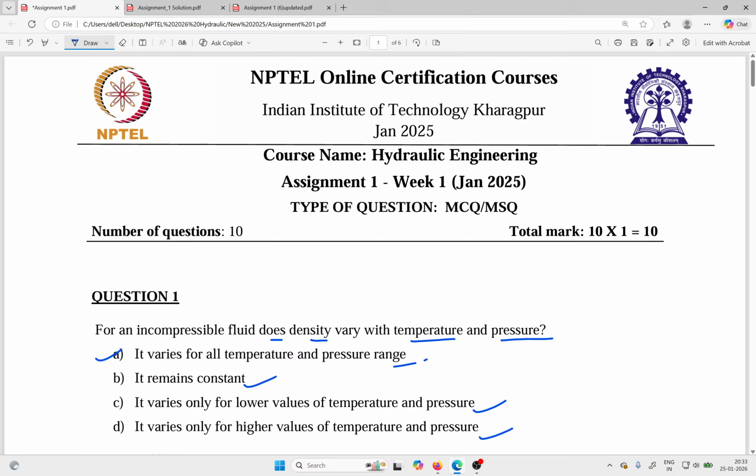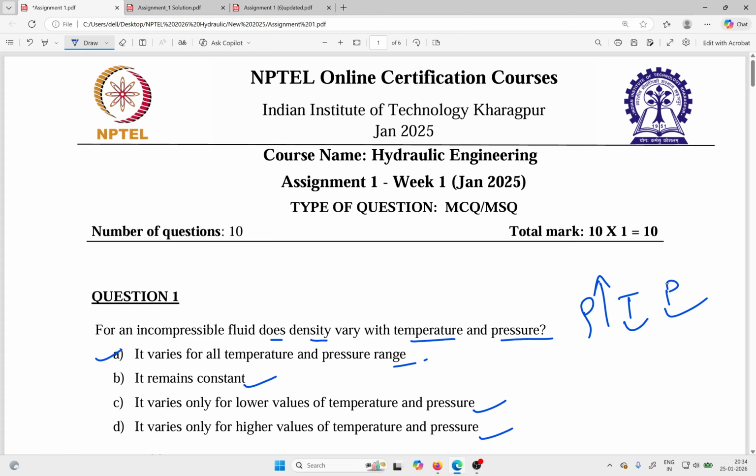So now let us discuss question number one. For an incompressible fluid, does density vary with temperature and pressure? You have the two terms, temperature and pressure.